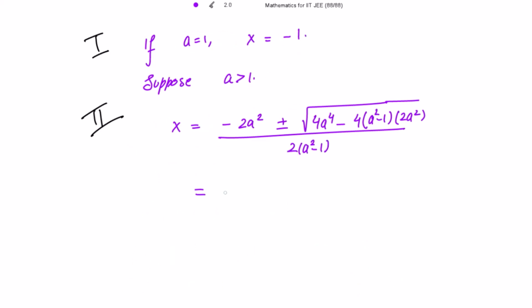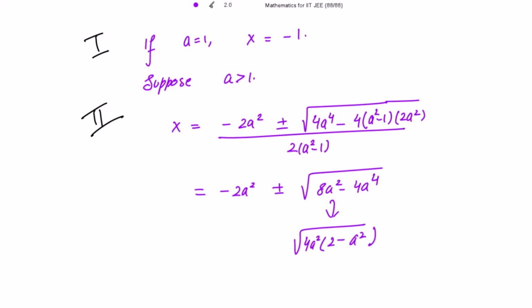So further, this is equal to negative 2a square plus minus, alright. If you solve this, you get 4a to the power 4 minus 8a to the power 4 plus 8a square, right? So this becomes negative 4a to the power 4 plus 8a square. Taking 4a square common, we get 2 minus a square, right?